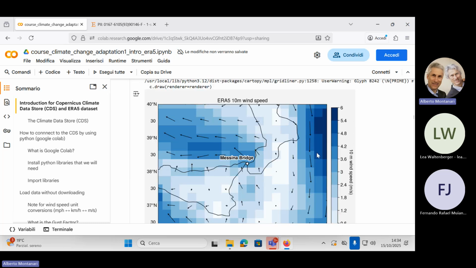This is taken from a climate model, and the graph is developed by running this code in Colab. It is very simple. You may just run everything here.